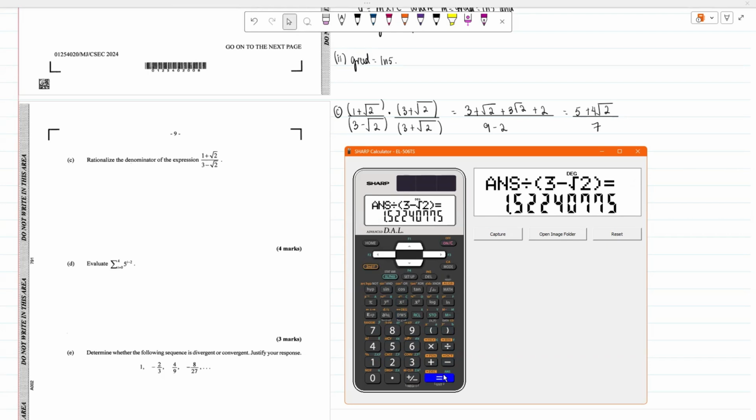That is 1.522407775. Yeah? I wonder, what is 5 plus 4 root 2 over 7? 5 plus 4 root 2 divided by 7. It's the same thing. Yeah? That's how we could double check our work. Real easy.